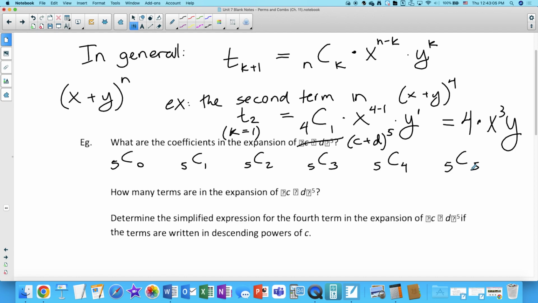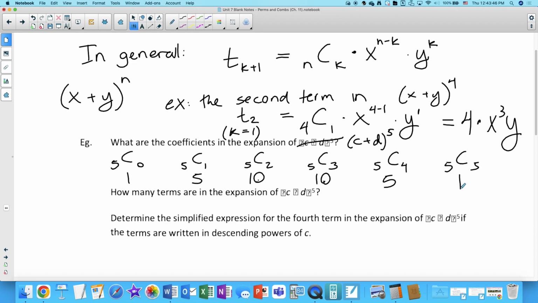There would be 6 terms in the expansion because there's always one more term than the exponent on the binomial. And the coefficients are various combination values. So 5 choose 0 is 1. 5 choose 1 is 5. 5 choose 2 is 10. This is also 10. This is 5, and this is 1.